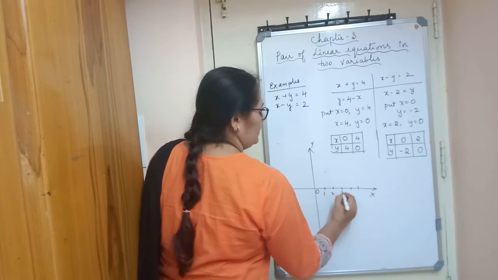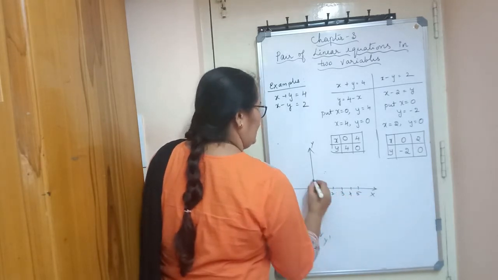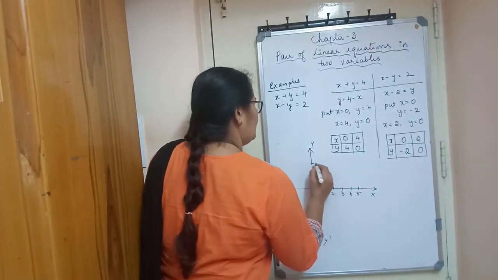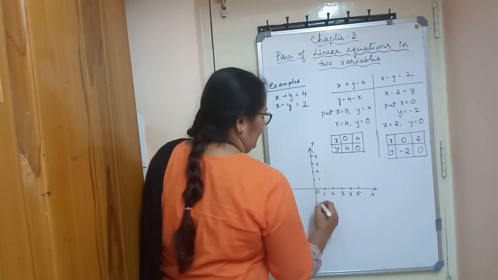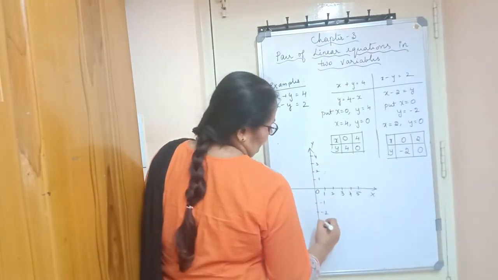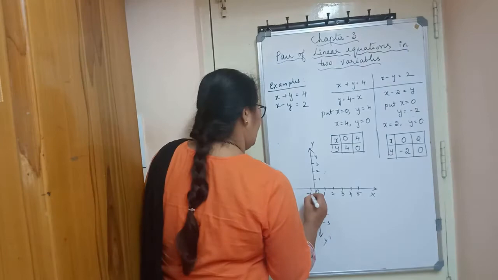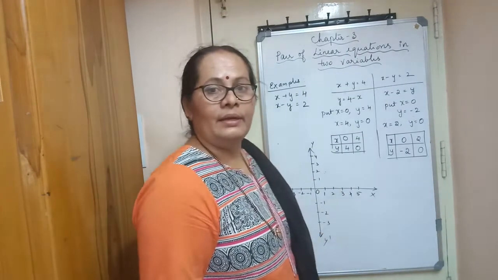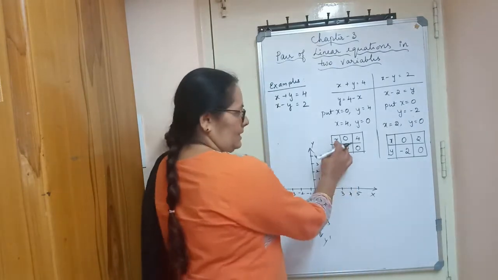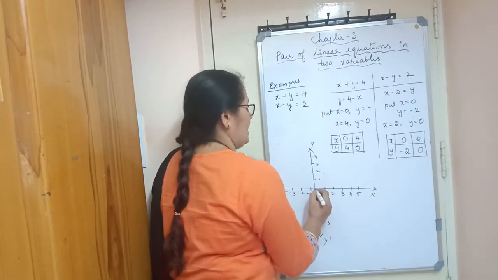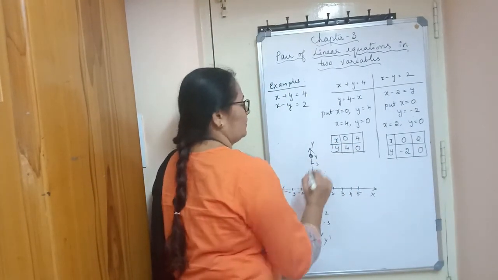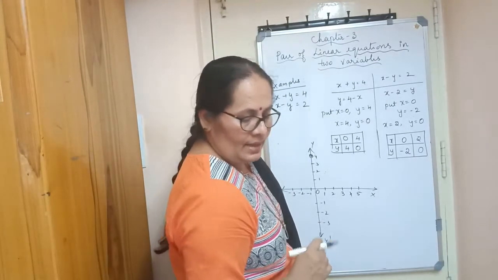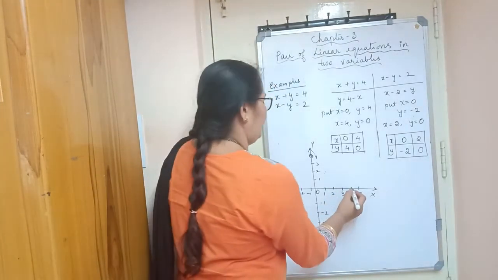So 1, 2, 3, 4, 5. Here all the positive coordinates, and here negative, and this side also negative. Now we will locate these points. When x is 0, then y is 4. When x is 4, then y is 0.